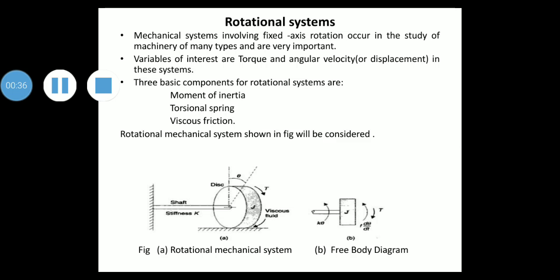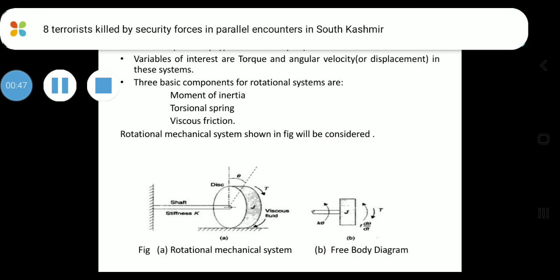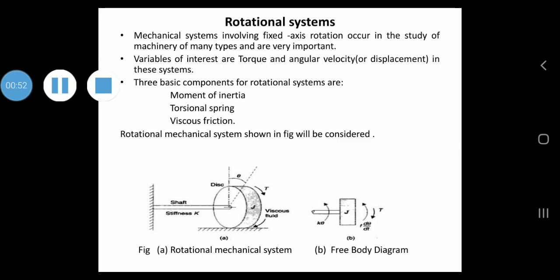The modeling procedure is very close to that used in translation. In these rotational systems, the variables of interest are torque and angular velocity, which correspond to force and velocity in translational systems.